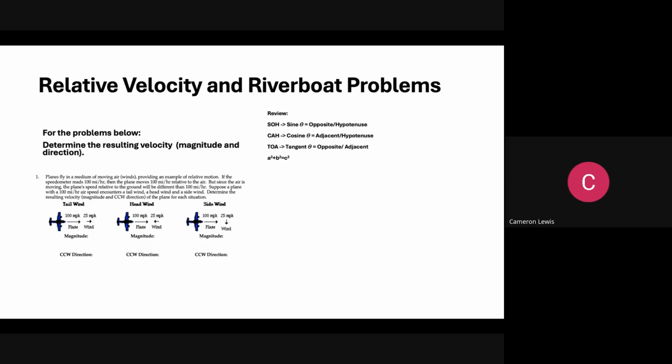Imagine the velocity of the plane is still 100 miles per hour, but then we have a wind that's a tailwind. So the wind is actually in the same direction as the plane. It's coming from behind the plane and going through in the same direction it's going, right? So because of that, and what we know about vectors, what would be the total magnitude of the velocity now with this added 25 tailwind?